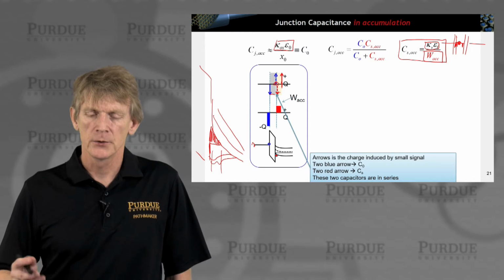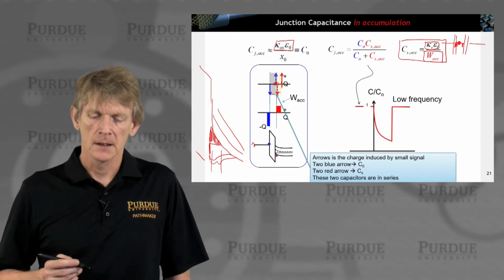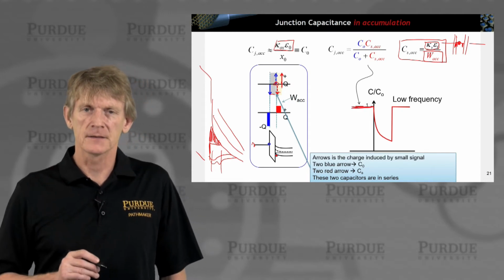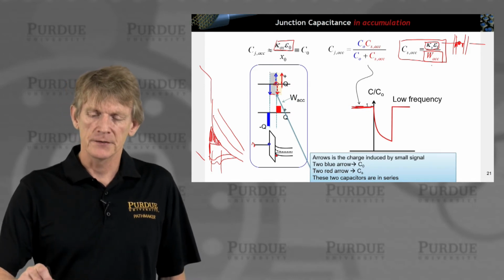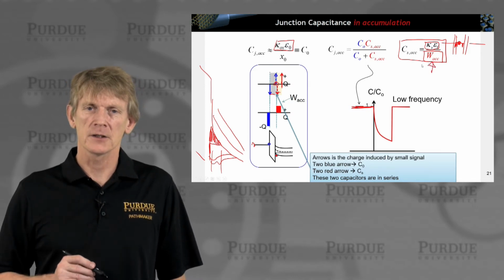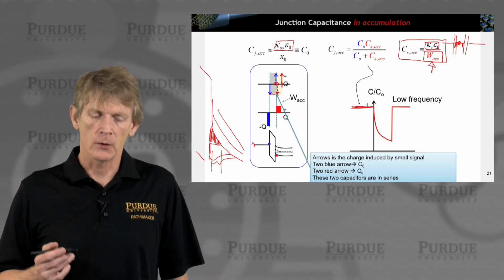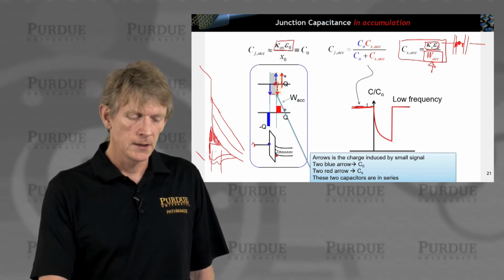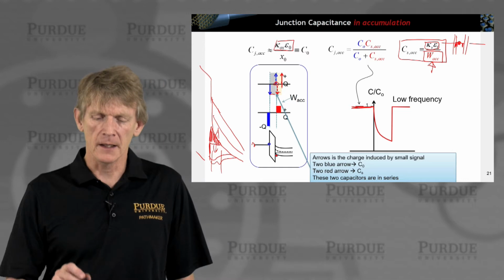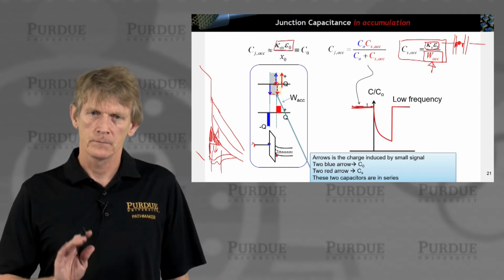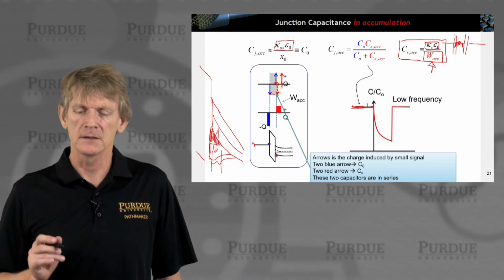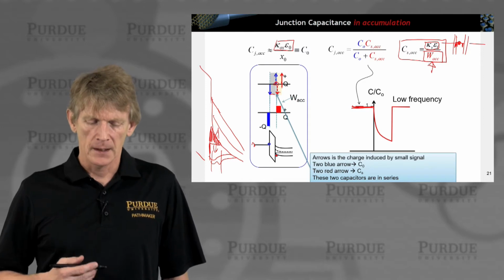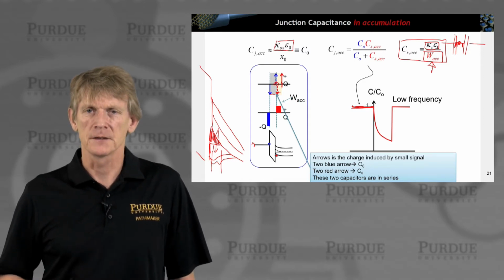So two series capacitors, and we are working in this branch here in an ideal sense. This W_acc shouldn't move a whole lot as a function of bias, but that can't be quite right because you do have band bending here, and the stronger the band bending, the more you will move this charge slightly. Only in the ideal sense will this be completely flat. But let's go with that for now and assume that W_acc is very small and doesn't vary too much with the gate voltage. And we have two capacitors in series.